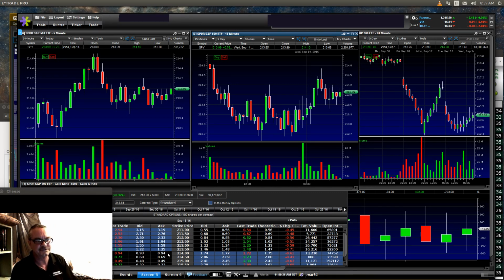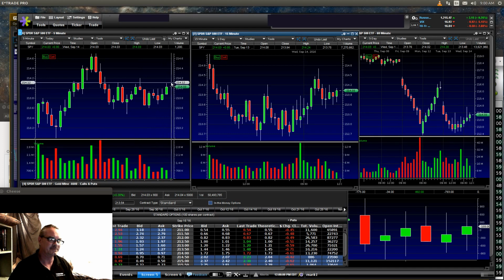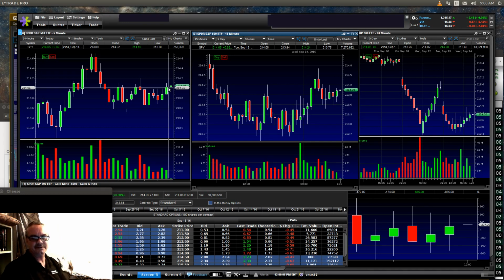So the first attempt to get out of that range, and now that support has turned into resistance again. It poked its little head above that resistance, and I'm talking about this right here. I'm calling this a resistance area. See, it poked above here. Now it's trying to poke above again. And it might hold.